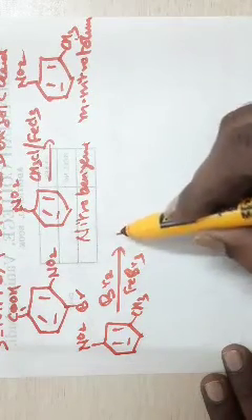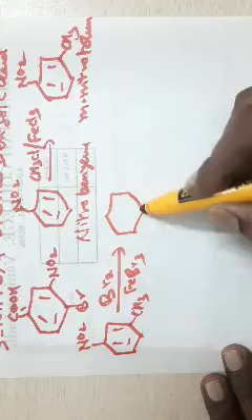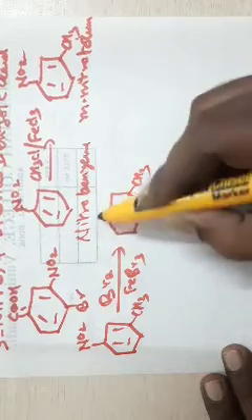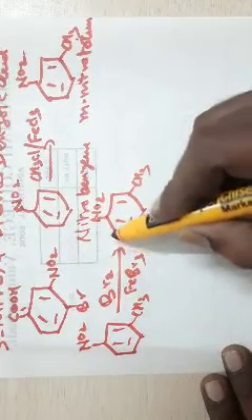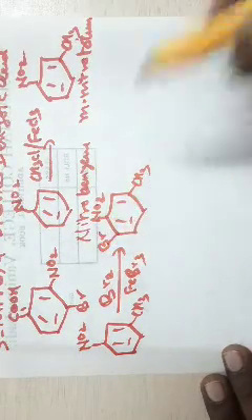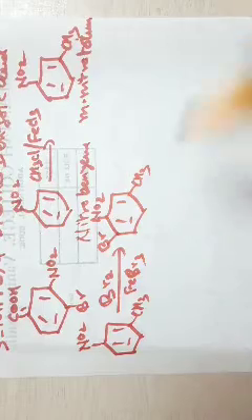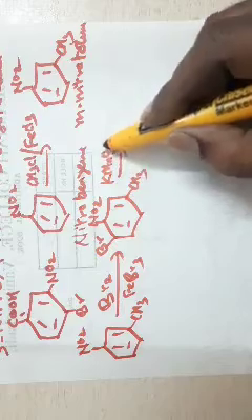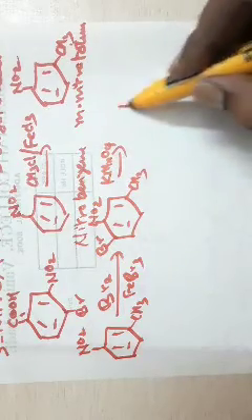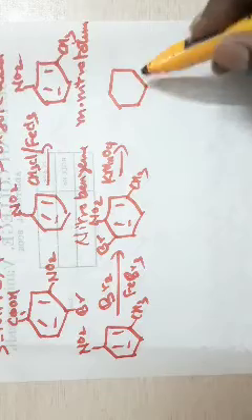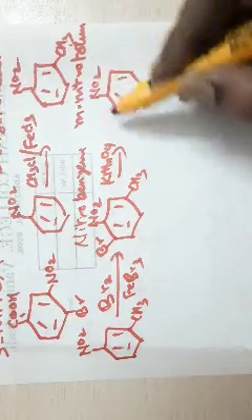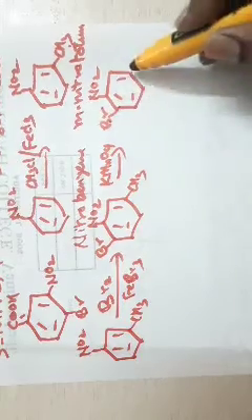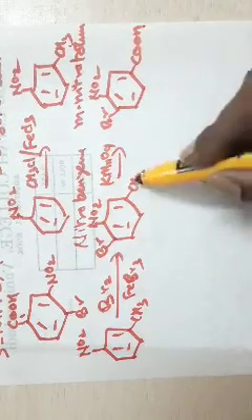Now because of the ortho effect, the incoming bromine electrophile enters into the ortho position. Now if this is oxidized with potassium permanganate, then I get this molecule, namely NO2, COOH. The methyl group is oxidized.